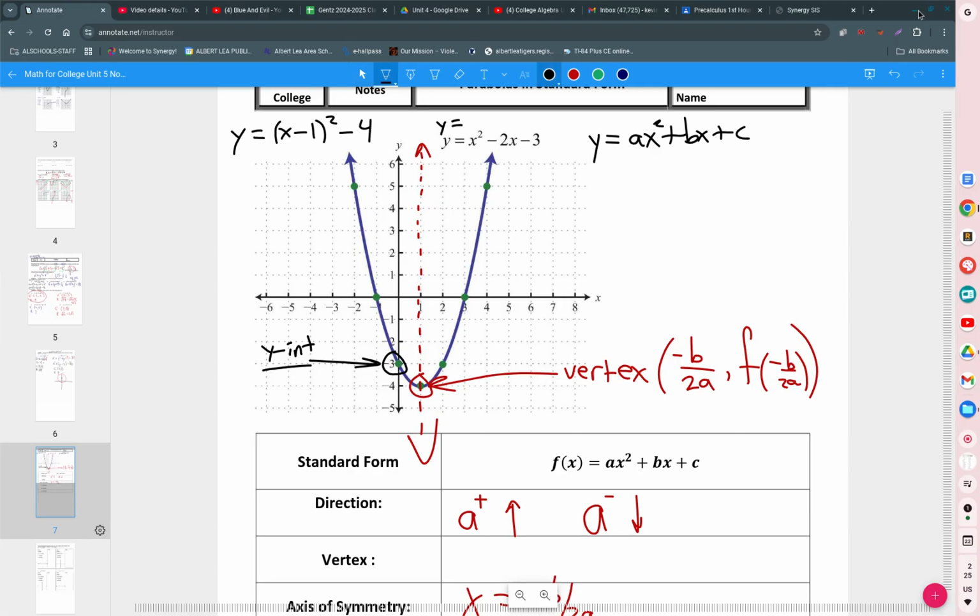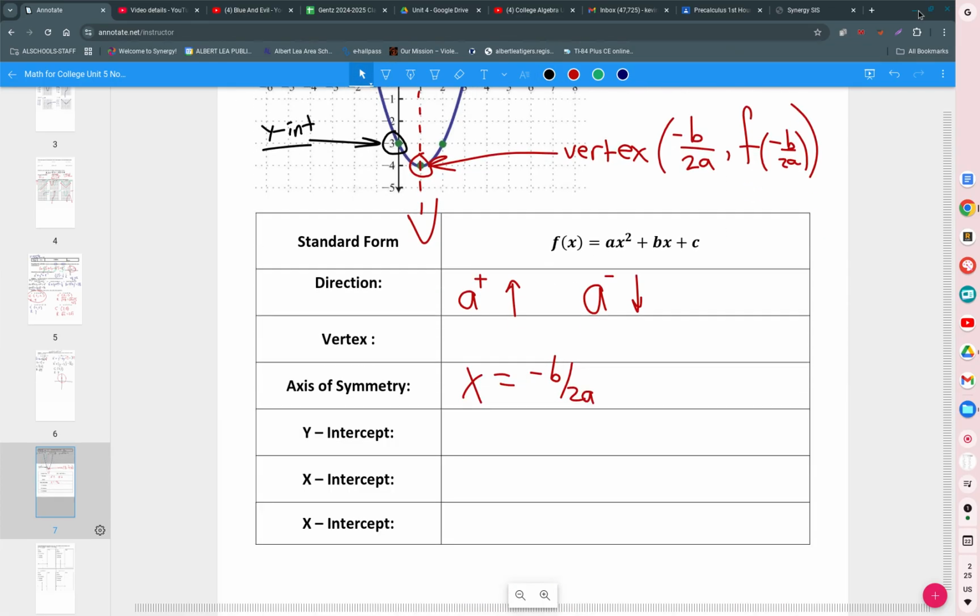And when we plug in 0 for x, notice that becomes 0, that becomes 0, and we have a minus 3. So it just ends up being whatever number is on the end. So whatever your c value is, that is going to be your y-intercept.